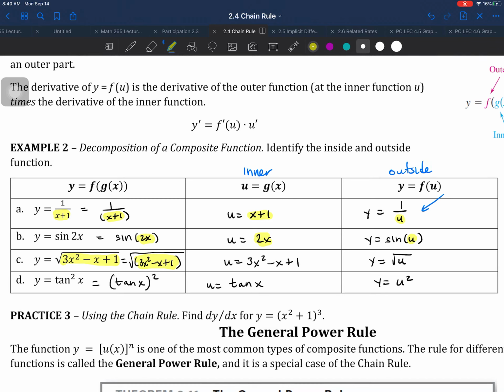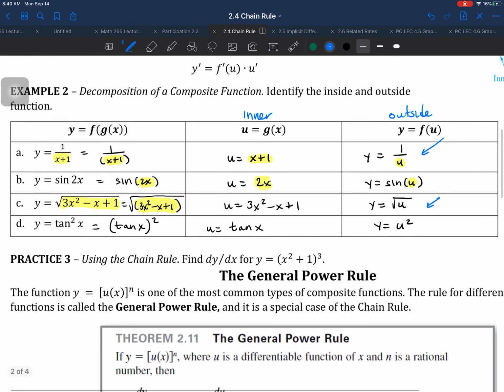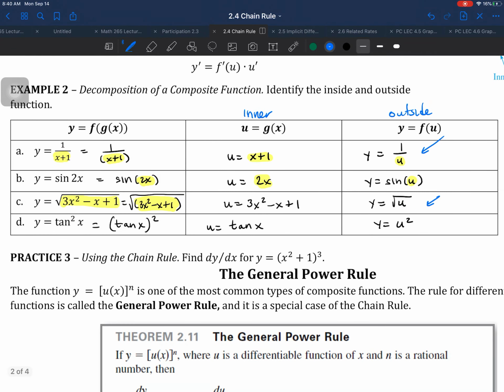And you guys know what to do here, right? We know that we will have to change this to power form to be able to take the derivative. If we have tangent of 2x, I already mentioned this a few times, but you also know this one trick, that this is equivalent to the square of a tangent, right? You're squaring the entire tangent.